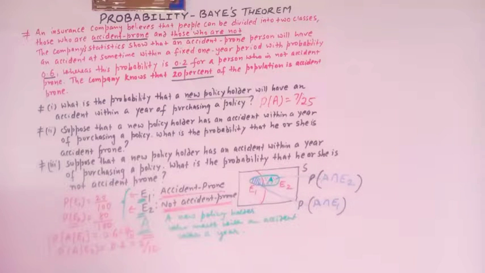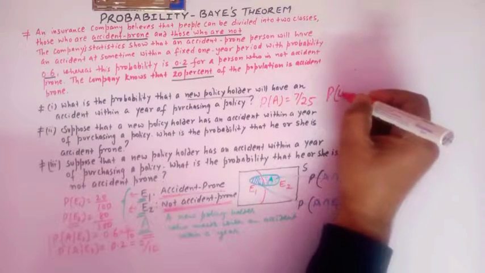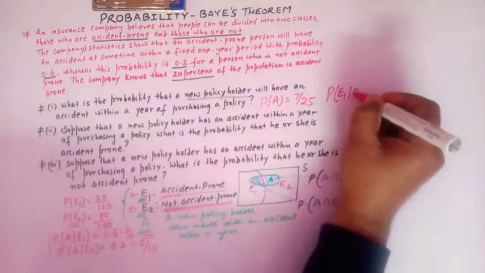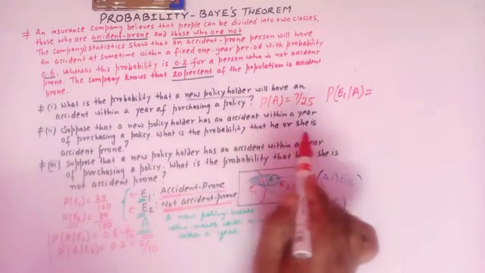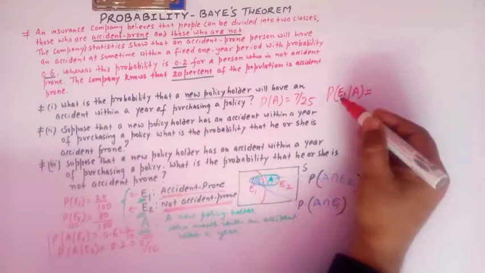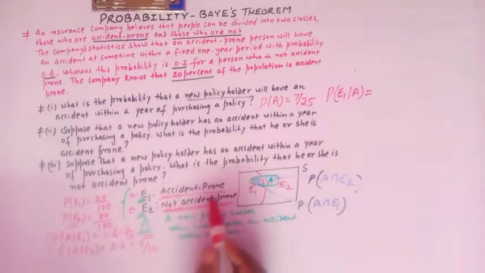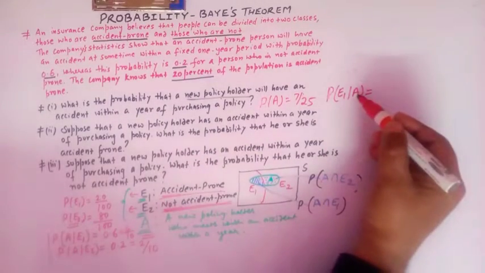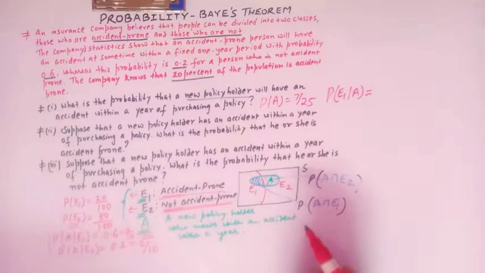Here we have to calculate the probability of E1 given A. E1 represents the people who are accident prone, and A is the event that the new policy holder meets with an accident.